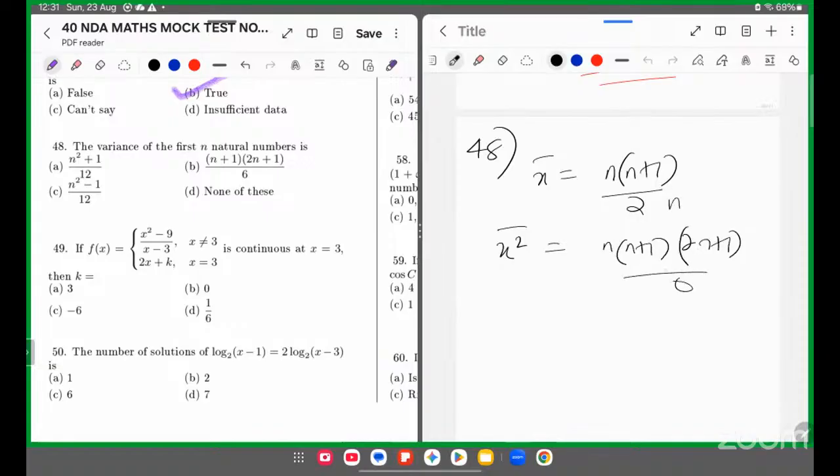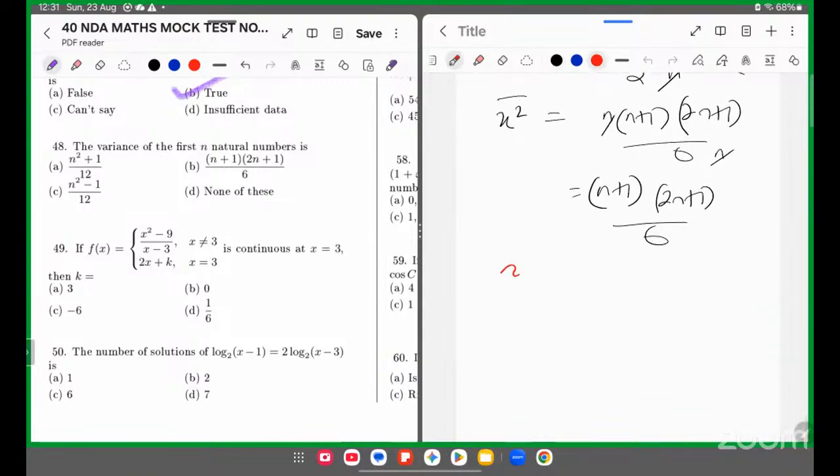Here also n cancels, so n plus 1 by 2. Here it is n cancels, so it will become n plus 1 into 2n plus 1 by 6, because we have to take the mean. So now you have to divide by the number of terms.